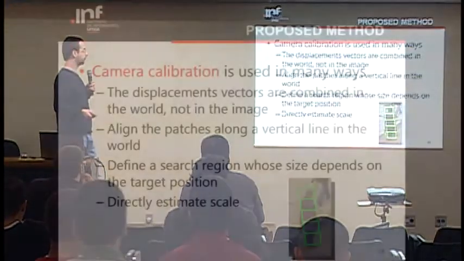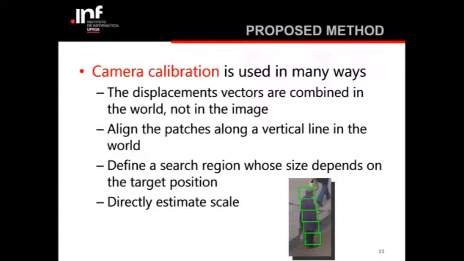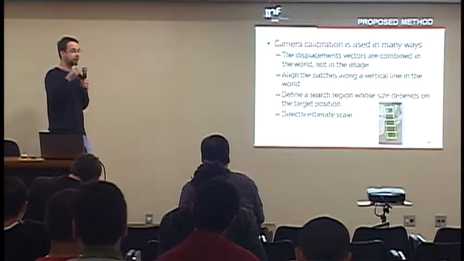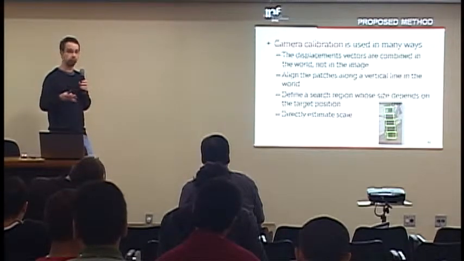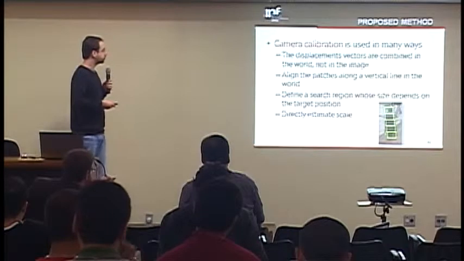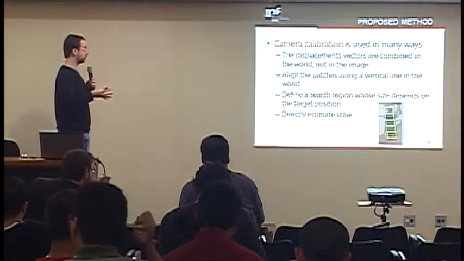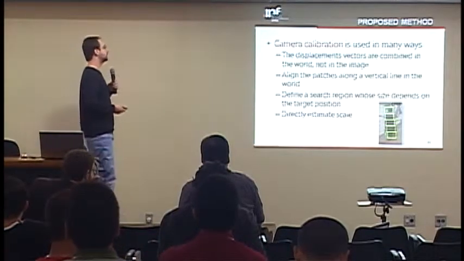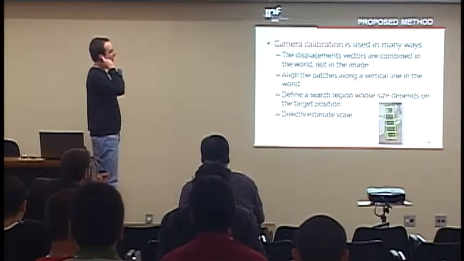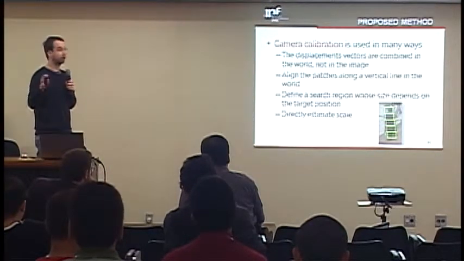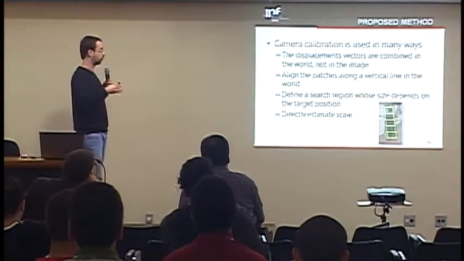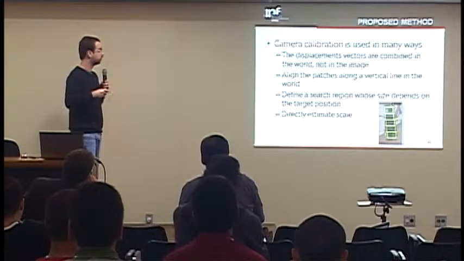But first, what we are trying to do here is that we assume that we have a calibrated camera. So as we have a camera calibration, let's try to use this as much as we can. We are going to use the camera calibration in 4 ways. The first thing is that the displacement vectors are going to be combined in the world, not in the image, like we saw with the method of DEAL.